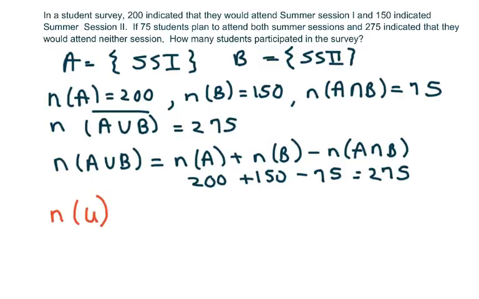The number in the universal set is the total number of A or B plus the number of the ones that didn't want to take either one.